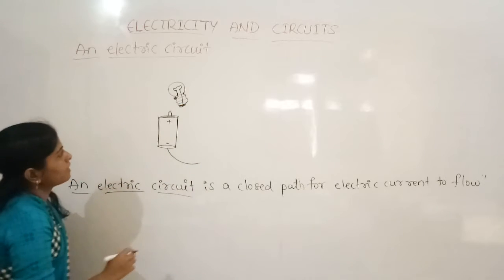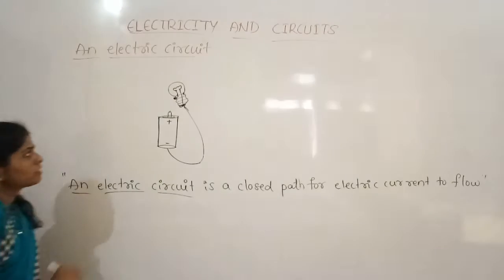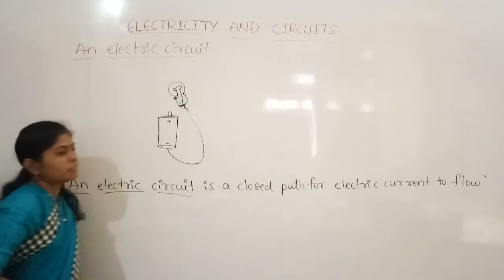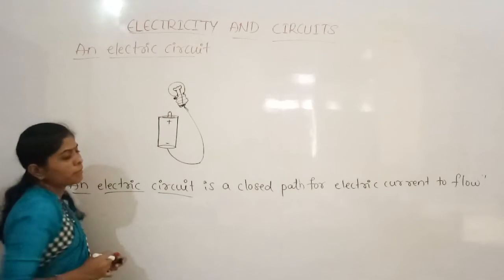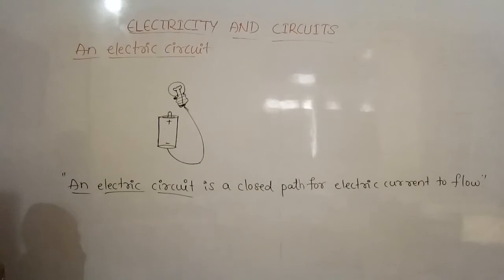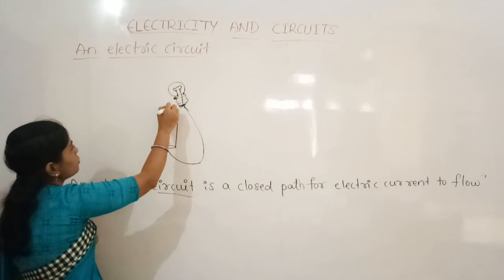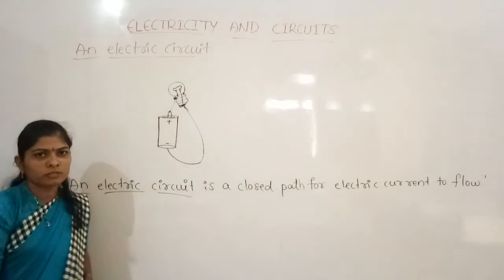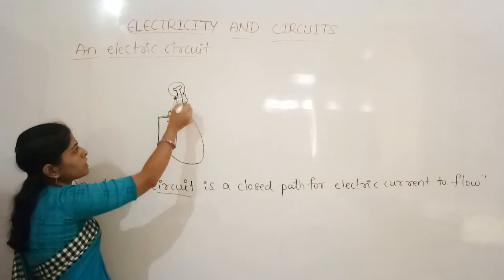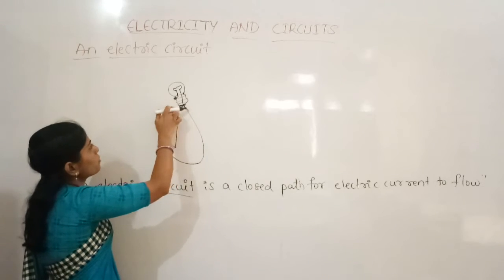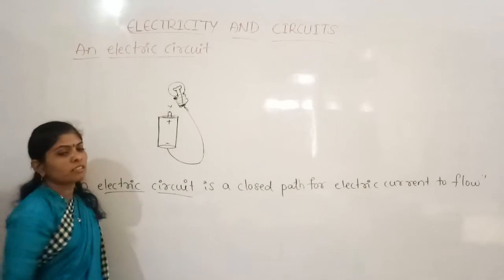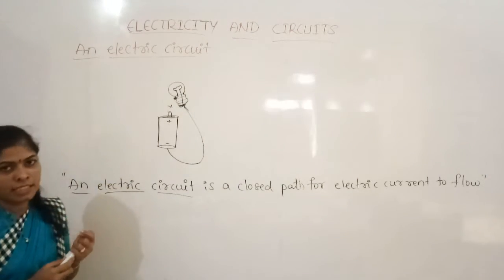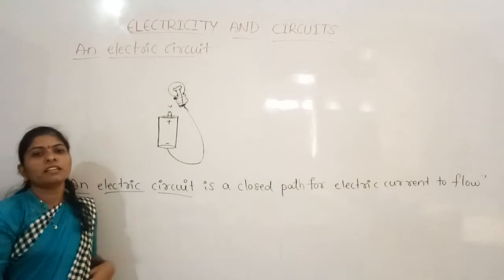The wire is connected here, and if there is no wire connection to the positive terminal, the supply or transfer of electricity takes place, and when the electricity transfer takes place, the bulb will glow.